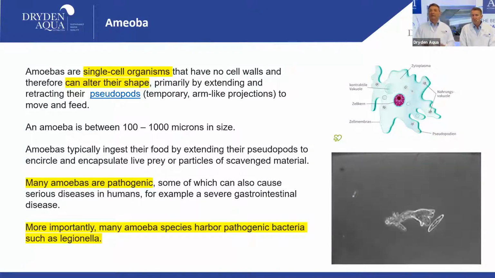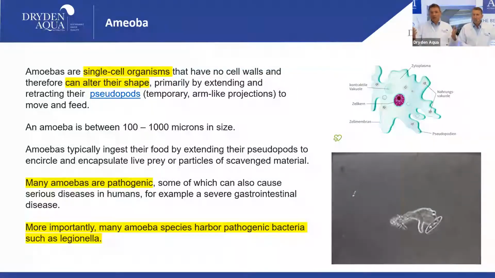Usually they live in biofilms. They're not usually living in water. And what is interesting, that's what we wrote here in red below. More importantly, many amoeba species harbor pathogenic bacteria, such as Legionella. So they want to eat them, but they cannot digest them. The Legionella has a mechanism which protects them against digestion of the amoeba.